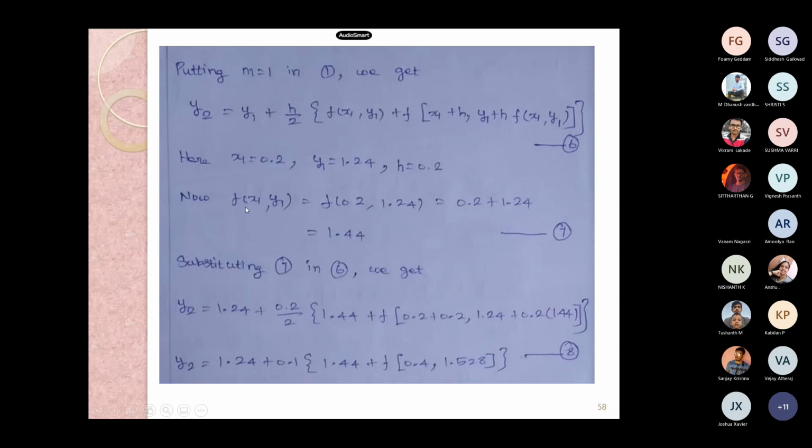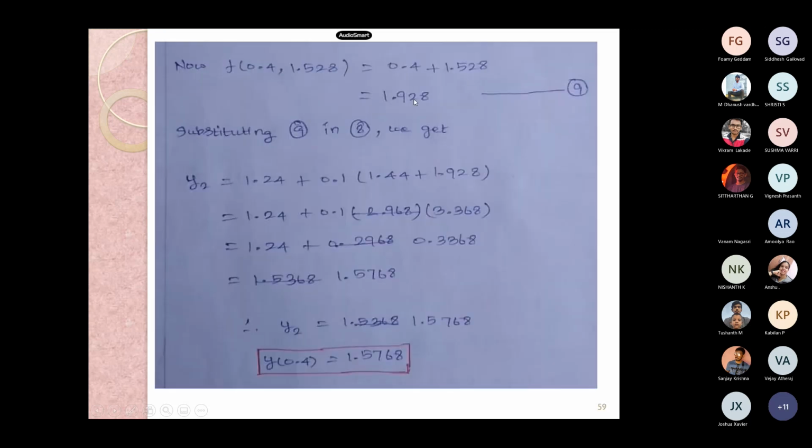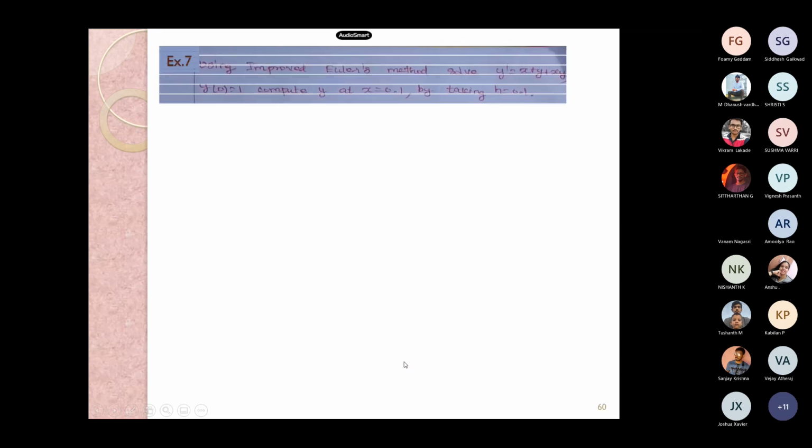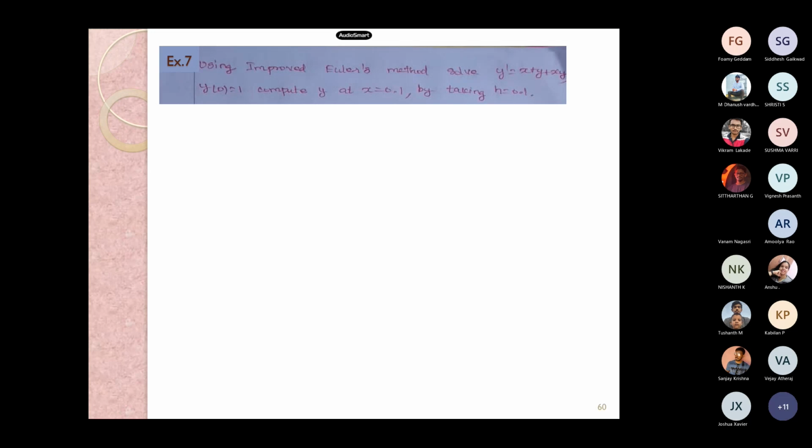In order to apply at some other point, we need this f of x1 and y1, and therefore I am finding f of 0.2 comma 1.4, and the summation is 1.44. Apply this information and you'll get the y2 value, 1.928, and y of 0.4 is equal to 1.5768.